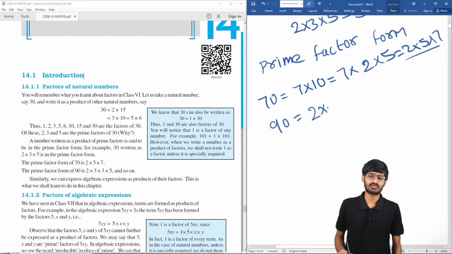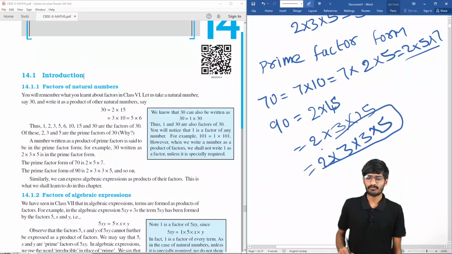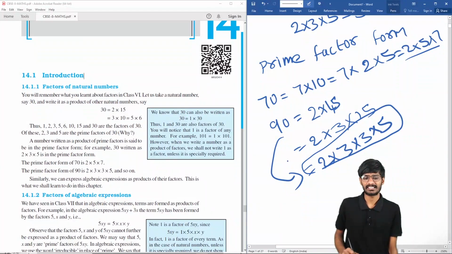You can write it as 2 into 45. And 45 can be written as 3 into 15, since 15 3s are 45. And 15 is 3 into 5, so 2 into 3 into 5, 5 3s are 15. So it is the form of prime factors, because 2, 3 and 5 all are prime. It is the prime factor form for 90, students.